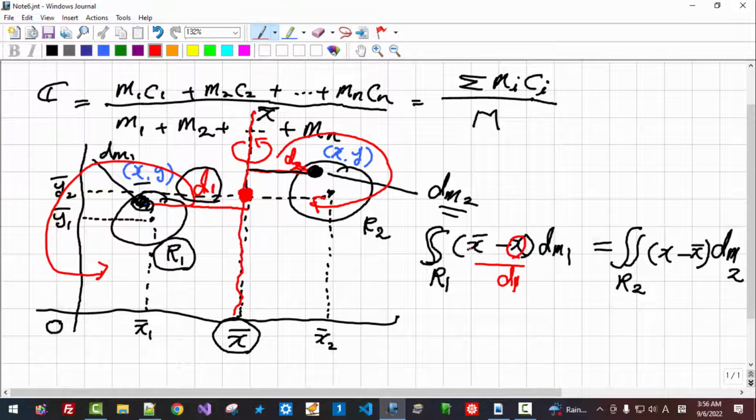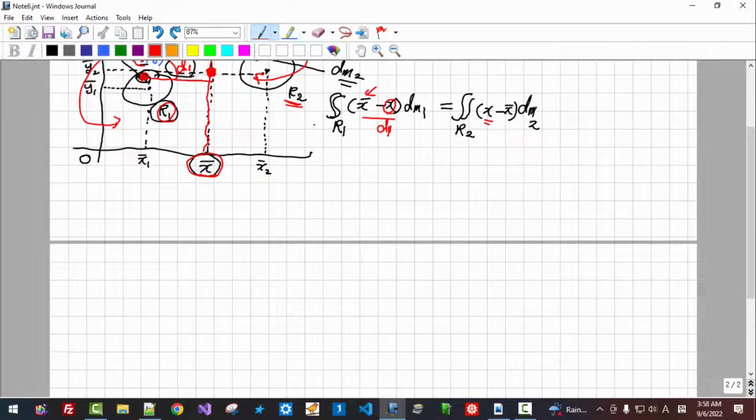This x represents a point on R1. This x represents a point on R2. X bar represents the new center of mass of this system.